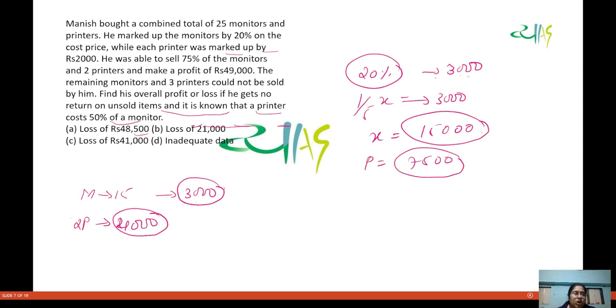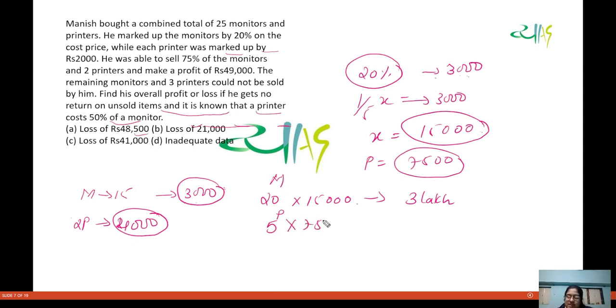And now, how many monitors did he buy? We already came to know he bought 20 monitors. So 20 into 15,000 is 3 lakh rupees. And he bought 5 printers, 20 monitors.